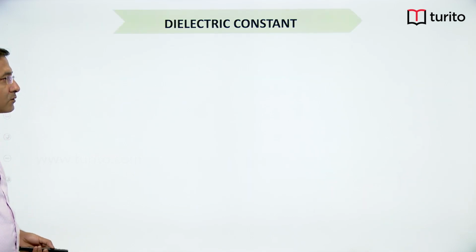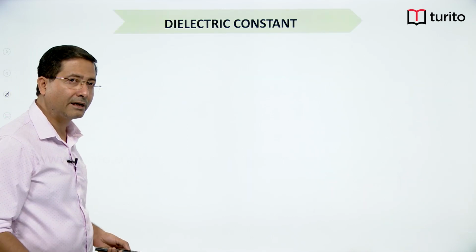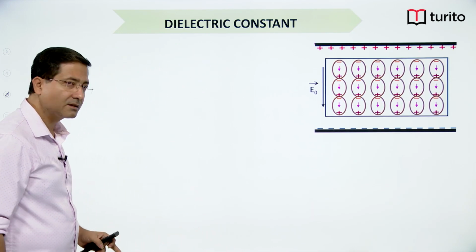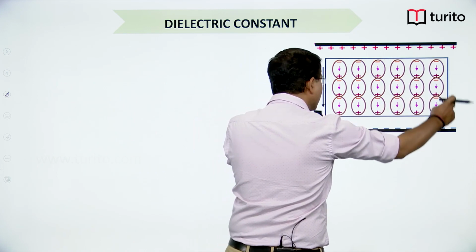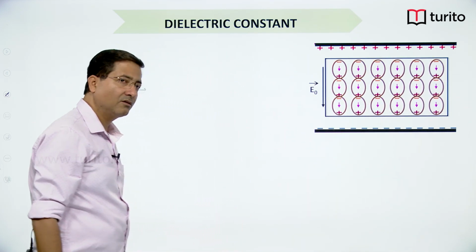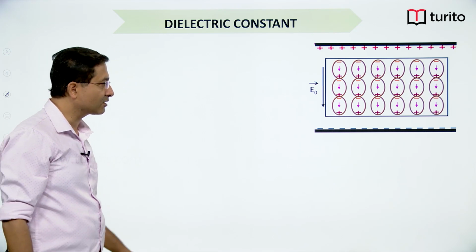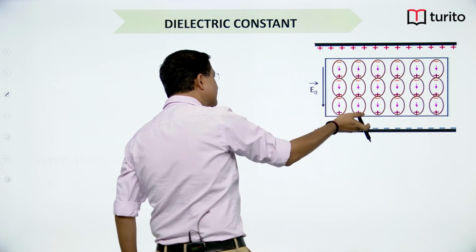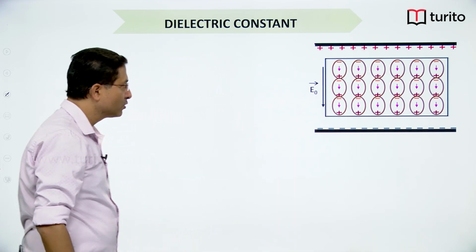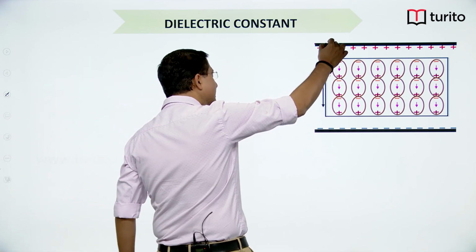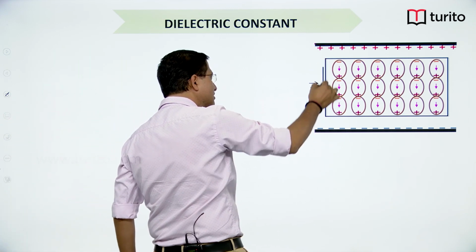Now, here we define a physical parameter called the dielectric constant. How is it defined? Let us see. So, this is the dielectric which is placed in an external field. To create an external field, I took two plates, one positively charged, another negatively charged. Because of these charges, there will be a field, this E naught.